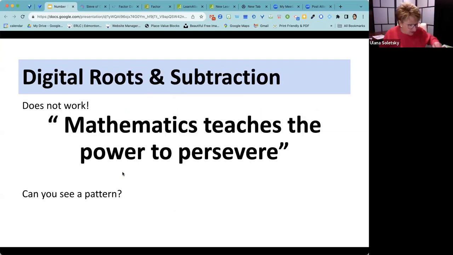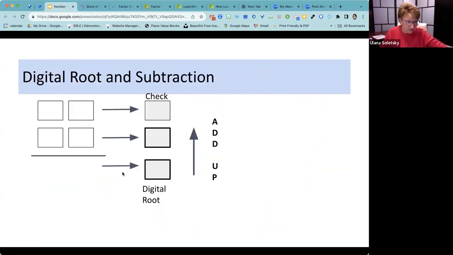Let's do it with, where are those numbers that I had on there? 75 minus 25. Okay, so 75 minus 25 we know is equal to 50, right?